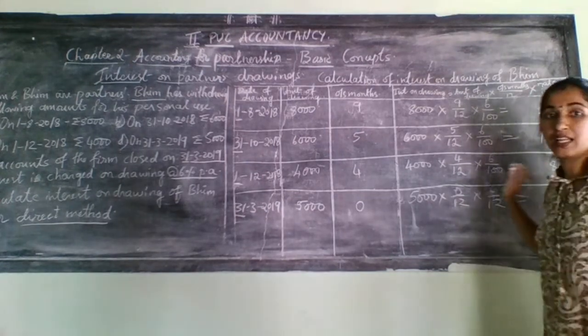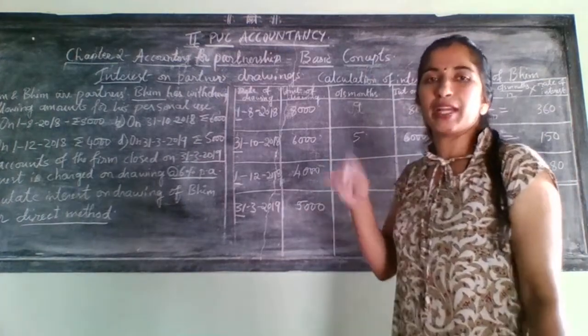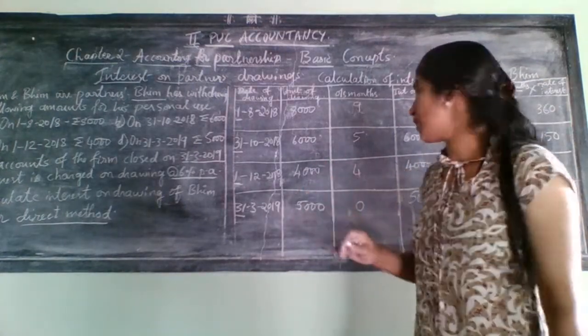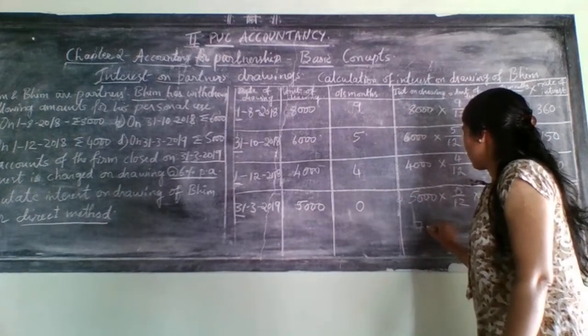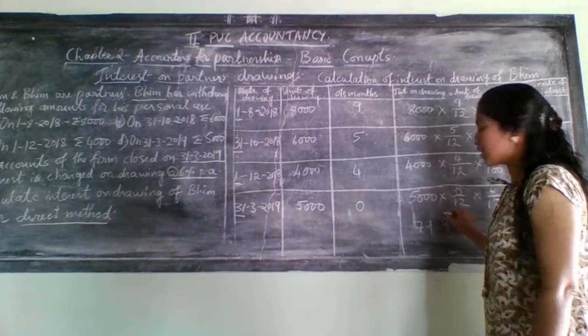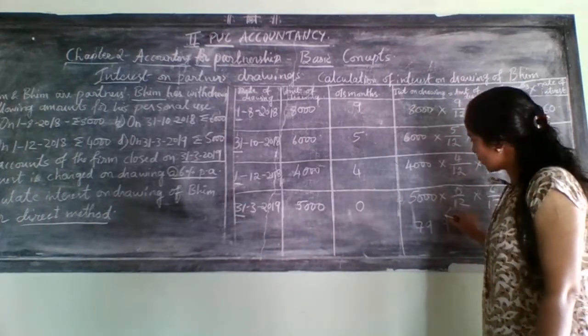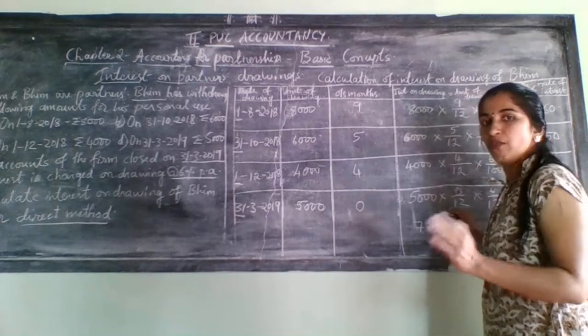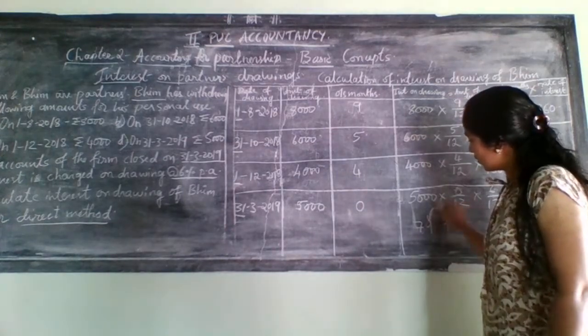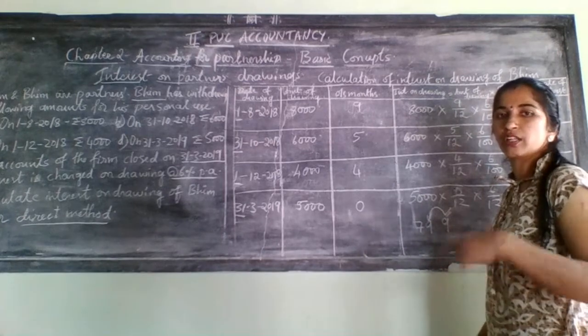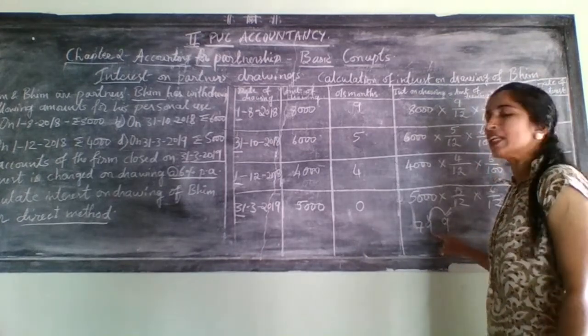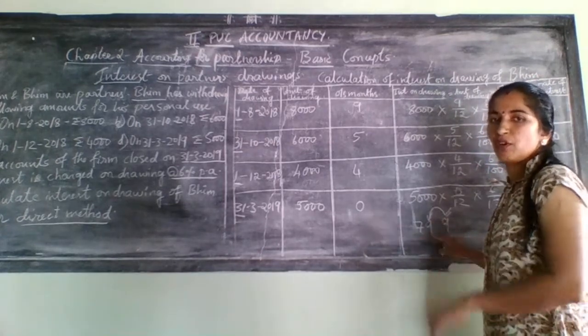That means 79.999 will come. Make a round off. 79.9 means after the point it is 9, that means more than 5. When it is more than 5, this number you need to increase by one. So it is 79 and it will come to 80.